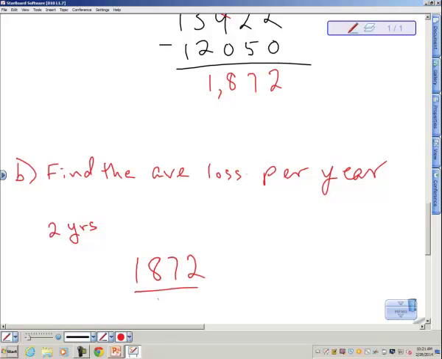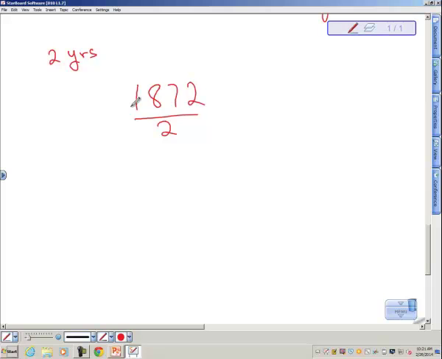1,872 divided by 2. Okay, so we can say that 2 goes into 18, and that'll be 9. And so let's go ahead and work it out this way, long ways. 1,872 divided by 2. That'll be 9, right? That's 18.